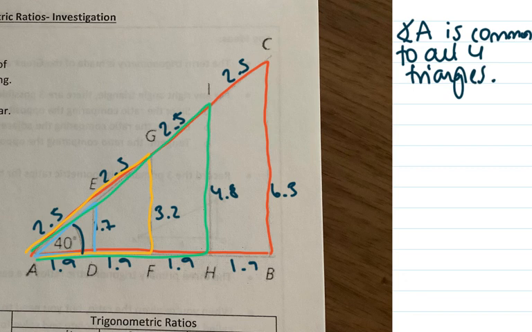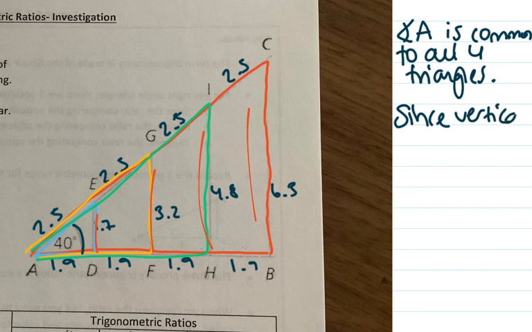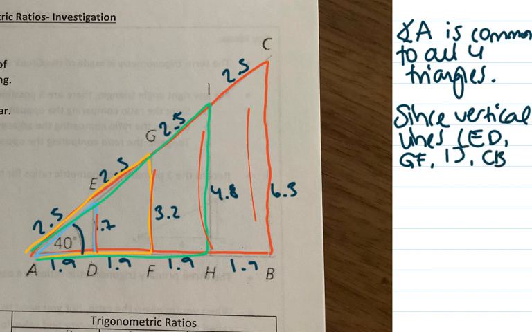And since the vertical lines here are parallel, so those lines are ED, GF, IJ, and CB.